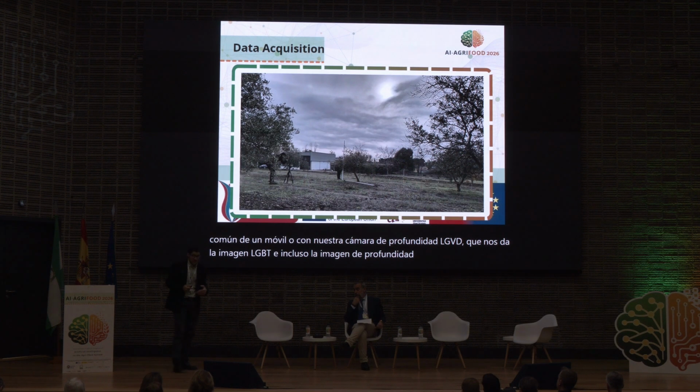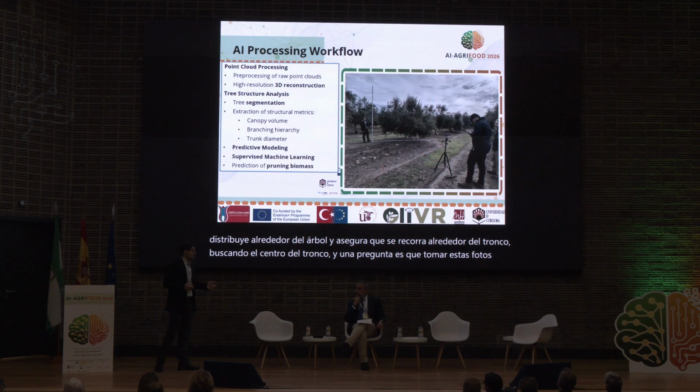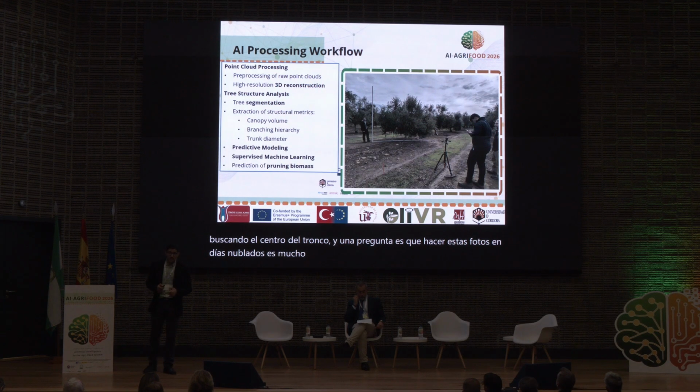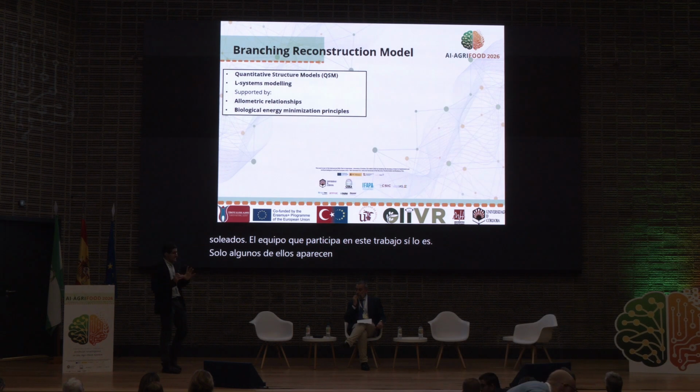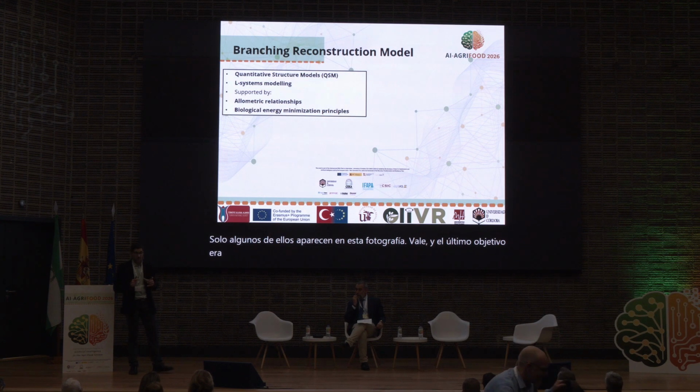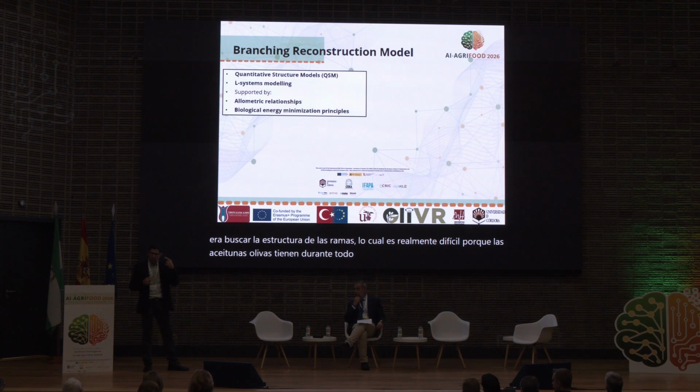One point is that taking these photos on cloudy days is much better for photograph quality than sunny days. The team involved in this work is a large crew, and only some of them are shown in this photograph. The last objective was to look for the branch structure, which is really difficult because olives have leaves during the whole year, and it's really difficult to see the correct tree structure and branch structure.